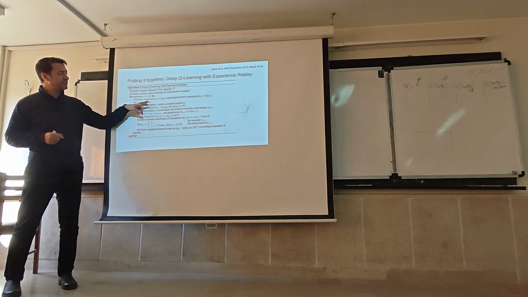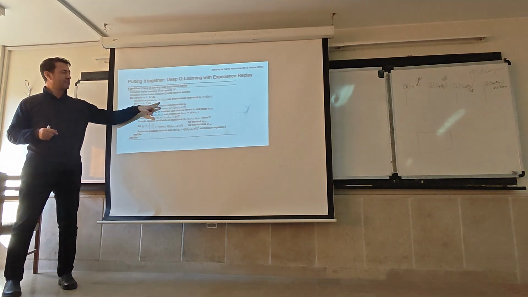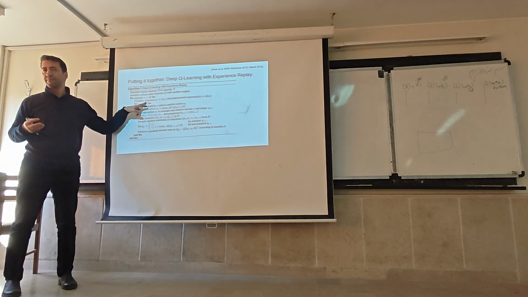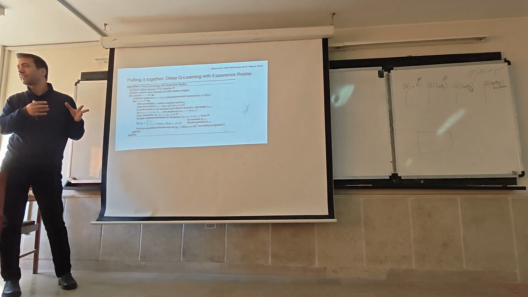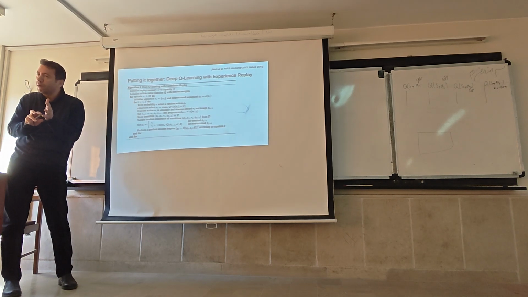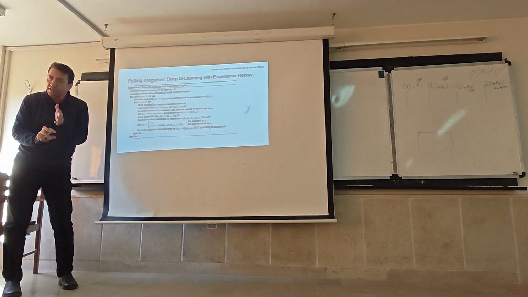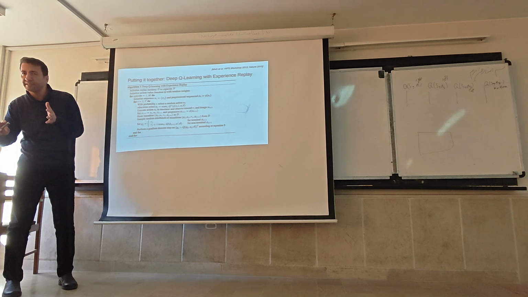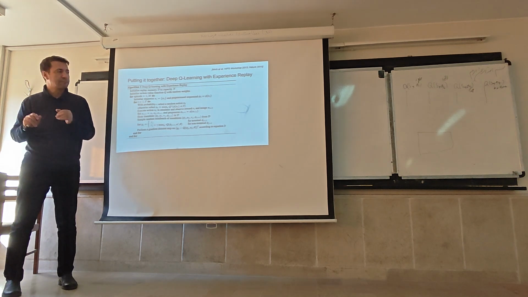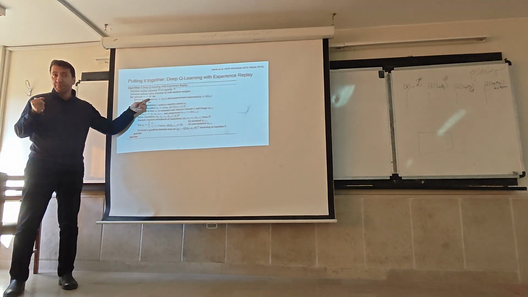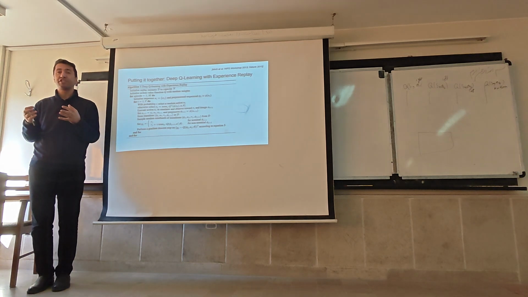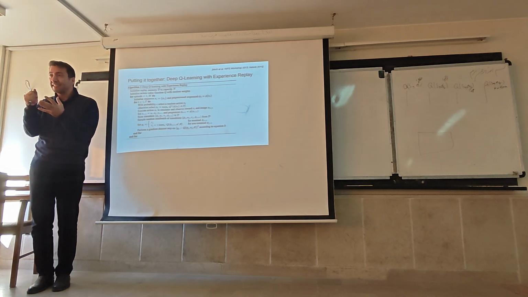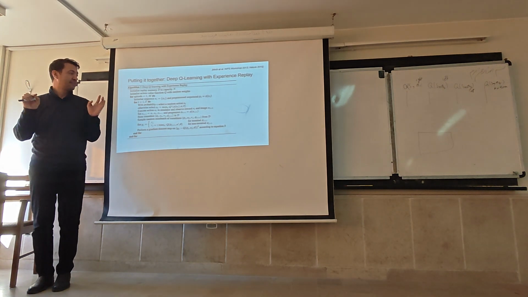So, at first we initialize the state, meaning if we are in the table, we start from one point, the starting point. If you are in an Atari game, the first video frame we see is our first state.